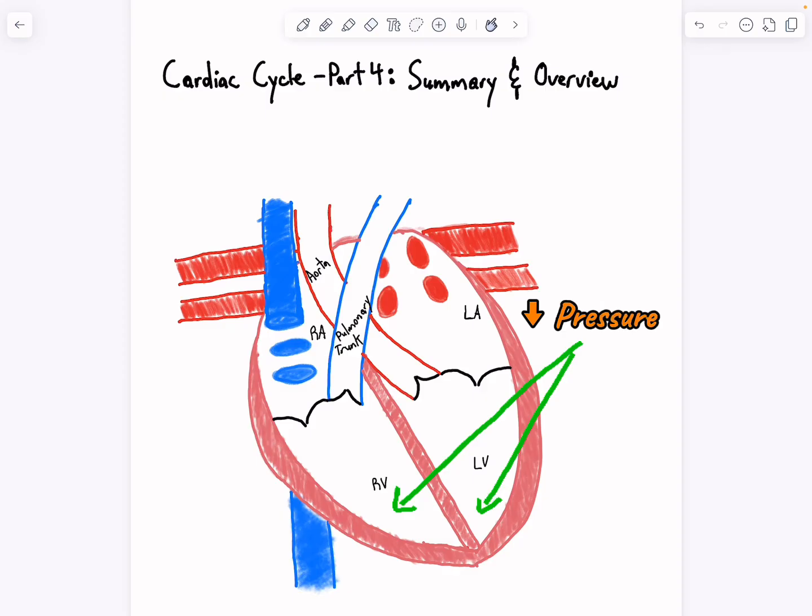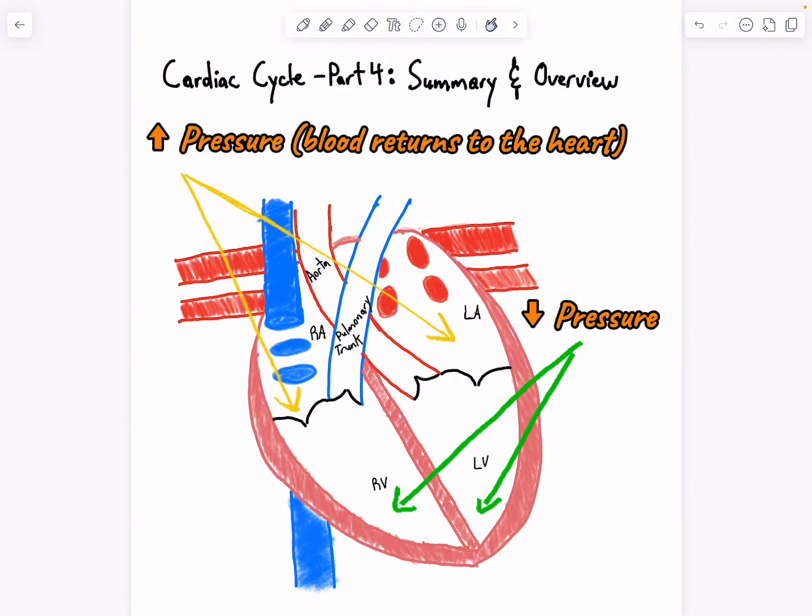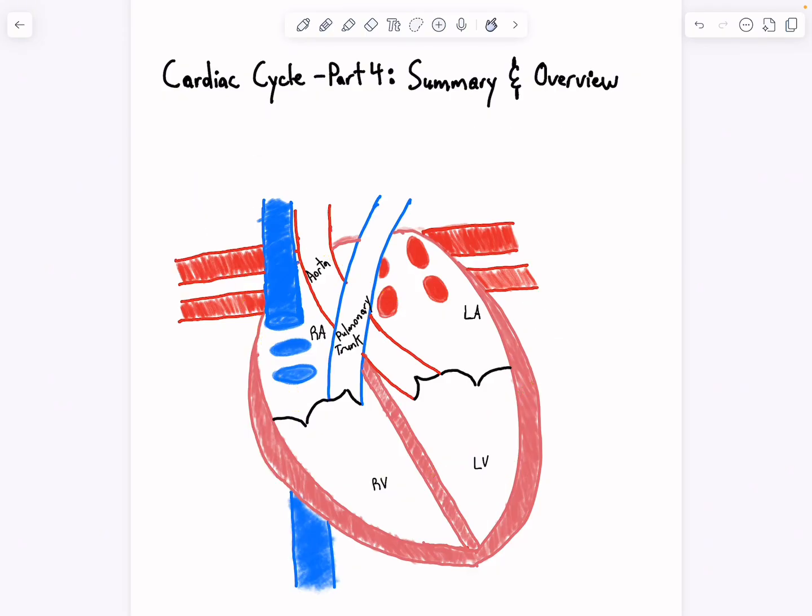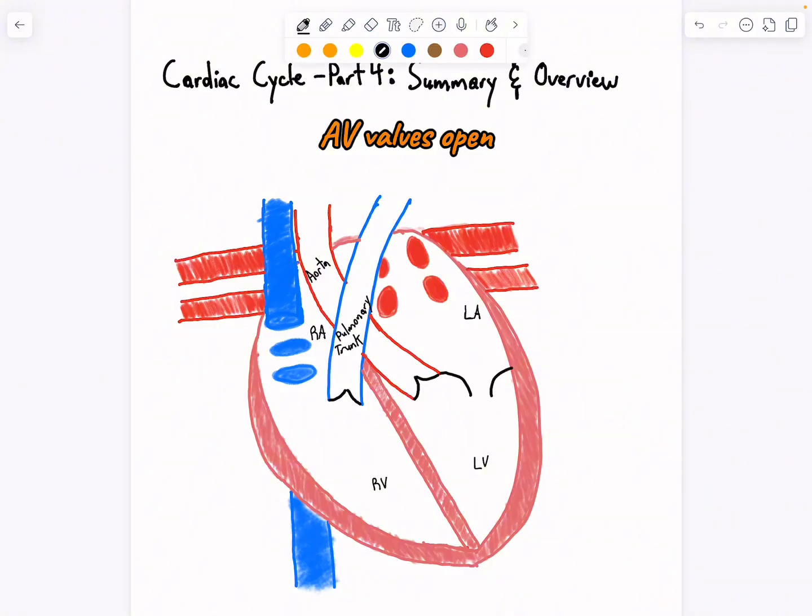Meanwhile, blood returning from the body and lungs fills the atria, increasing atrial pressure slightly. When atrial pressure becomes higher than ventricular pressure, the atrioventricular valves open, allowing blood to flow passively into the ventricles.